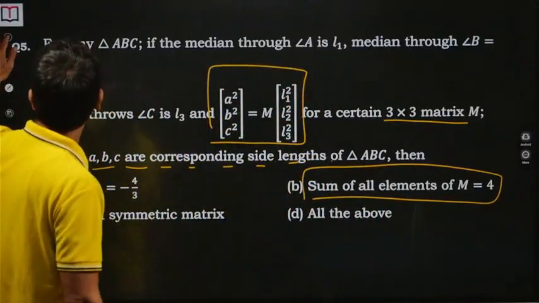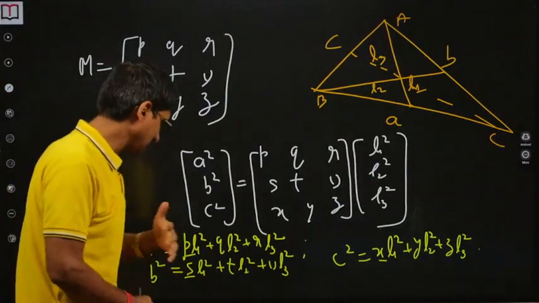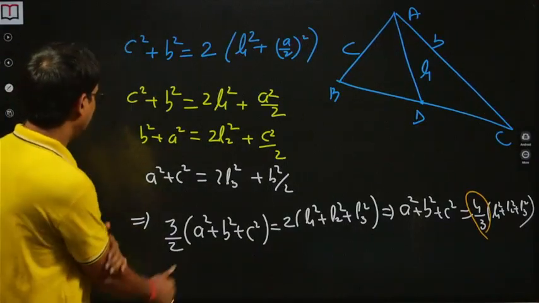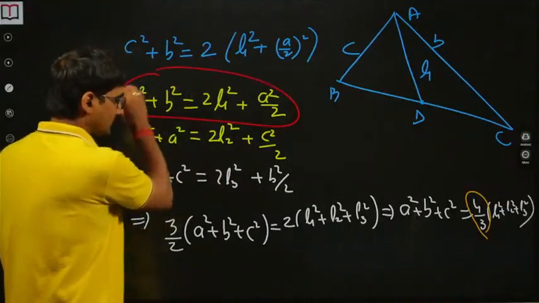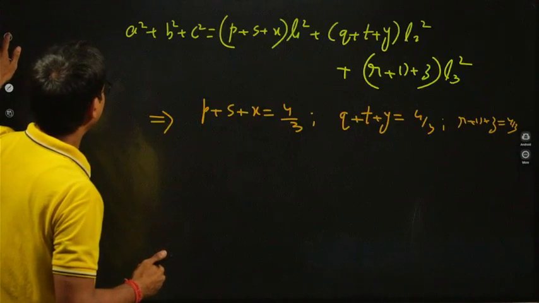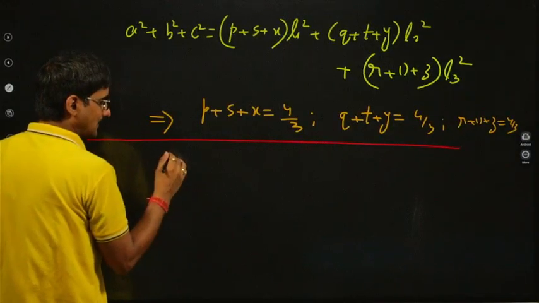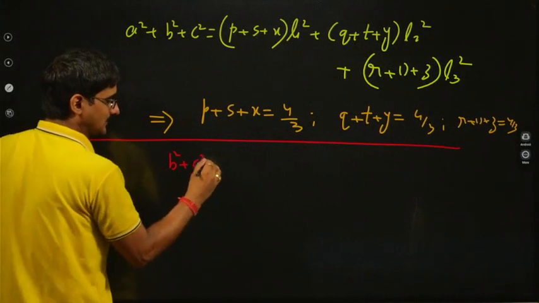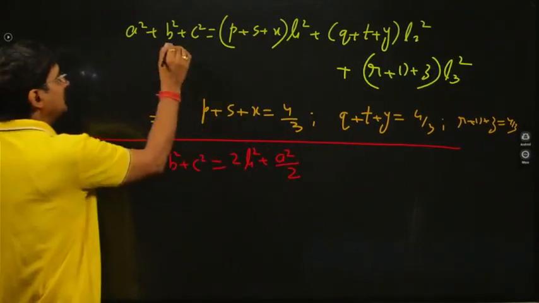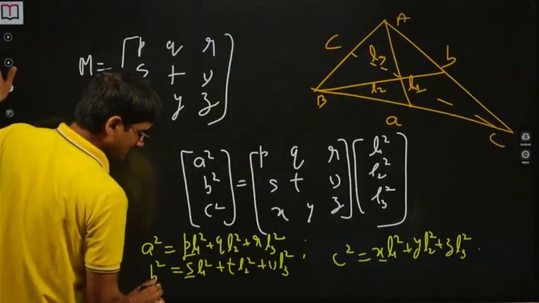Now we are left with the trace and other things. For that I again started thinking, and I tried to get A square, B square, C square. How? We have B square plus C square is equal to 2L1 square plus A square by 2.